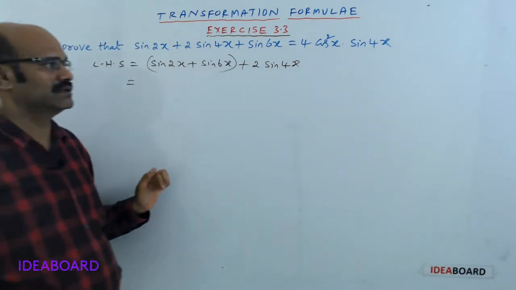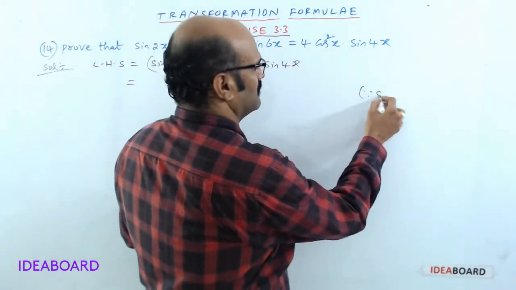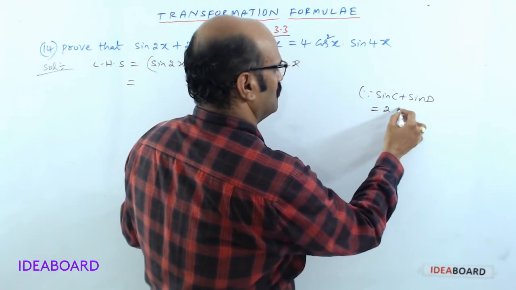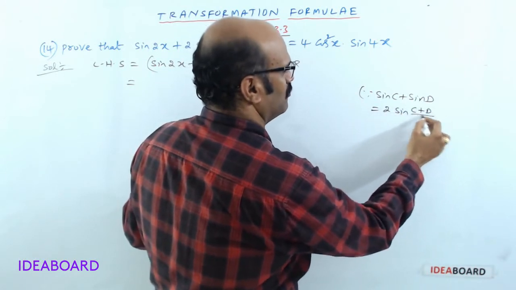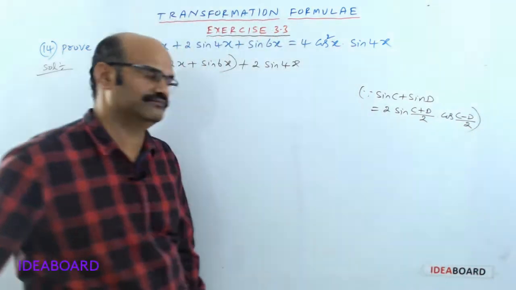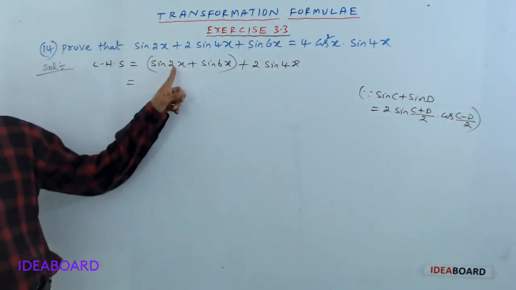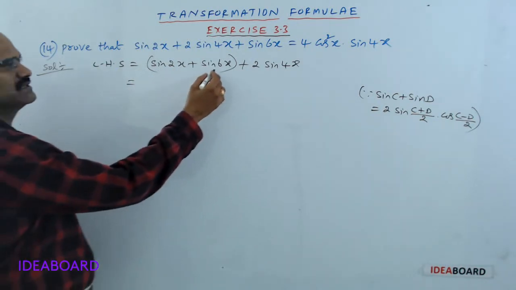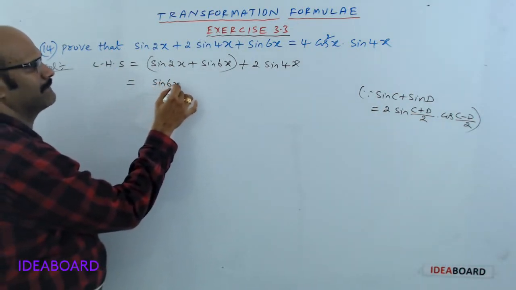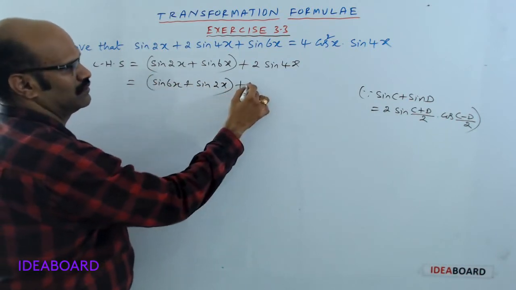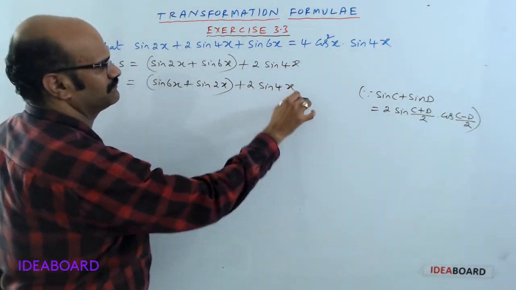The formula for sin C plus sin D equal to 2 sin of C plus D by 2 into cos of C minus D by 2. Take C as 6x: sin 6x plus sin 2x plus 2 sin 4x.